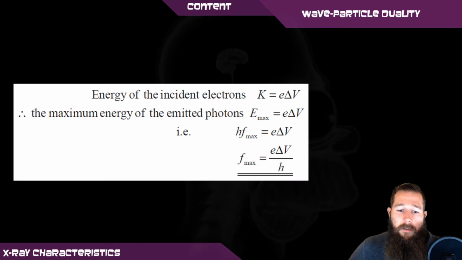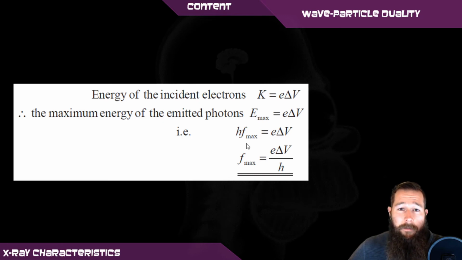Deriving an equation to find the maximum energy. So the maximum energy of a photon that's emitted is equivalent to the maximum energy of the electron as it crosses that field. And when it hits that target nucleus head on, all of that energy will be transferred to the photon's energy. So the energy of the electron is given by its energy as it passes through the field, which is the charge on the electron and the voltage, the very high voltage of the X-ray apparatus.